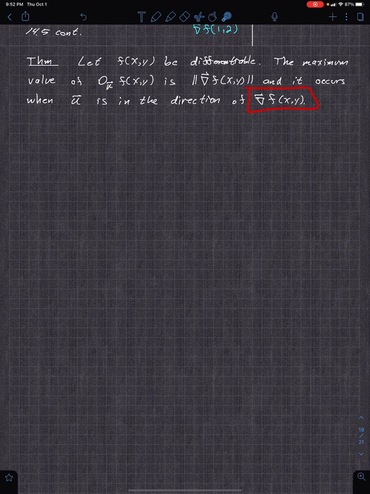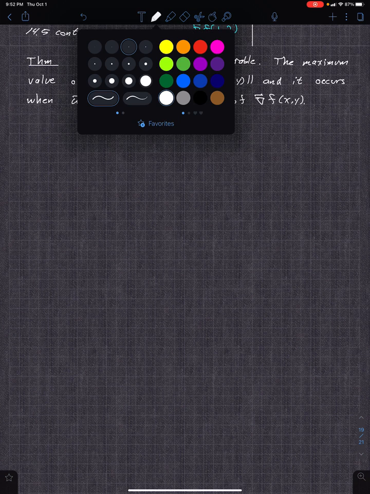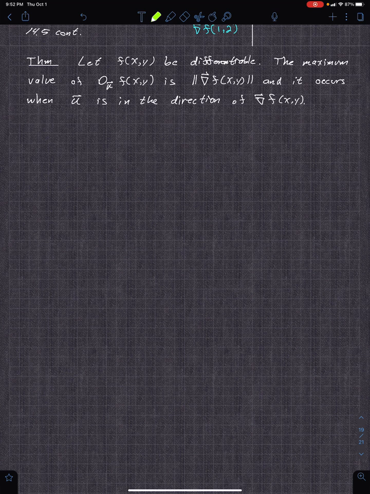So really, that's what I want you to know. The real punchline here is that the gradient, del f, basically we say points in the direction of maximum increase.